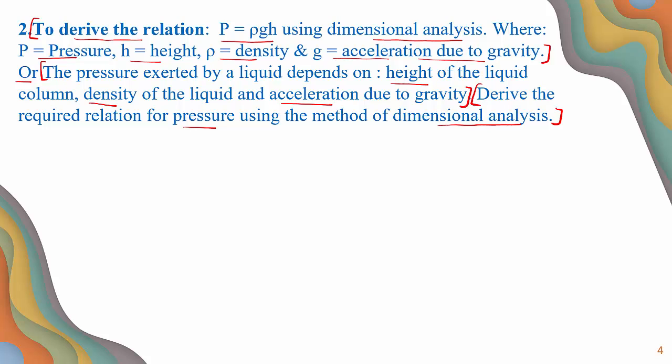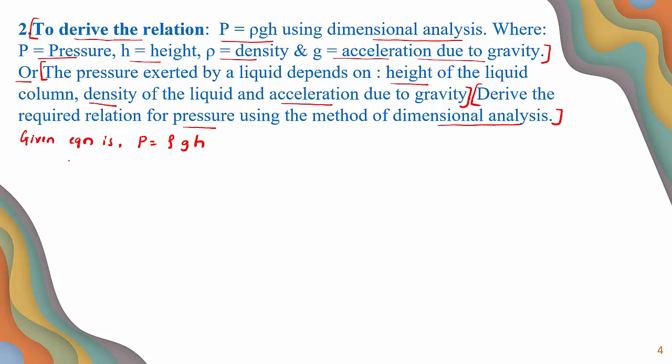So these are the ways of asking the question. So now we can solve the given equation rho GH. Now tell me what is the first step. So the given equation is P equal to rho GH.